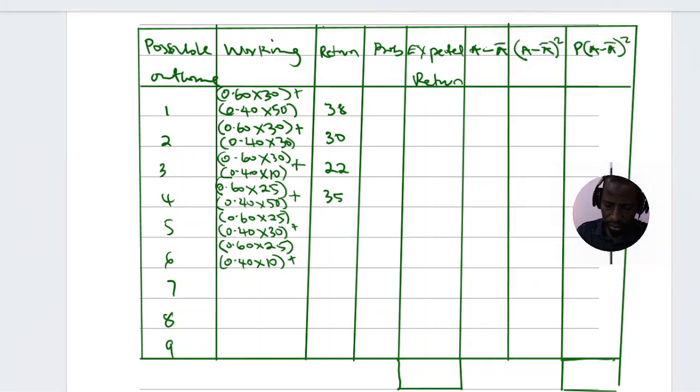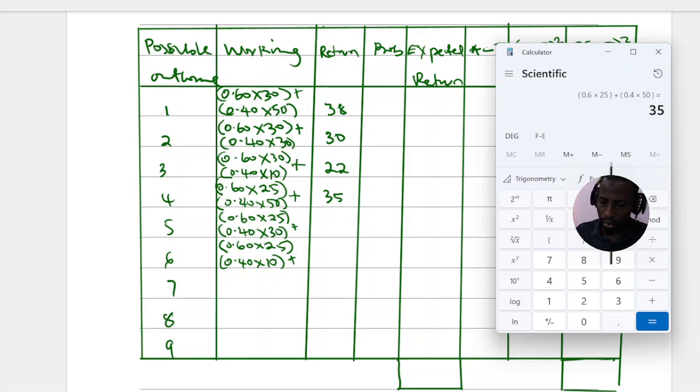The next one: open a bracket, 0.6 multiplied by 25, close the bracket, plus open a bracket, 0.4 multiplied by 30, close the bracket, equal to 27.